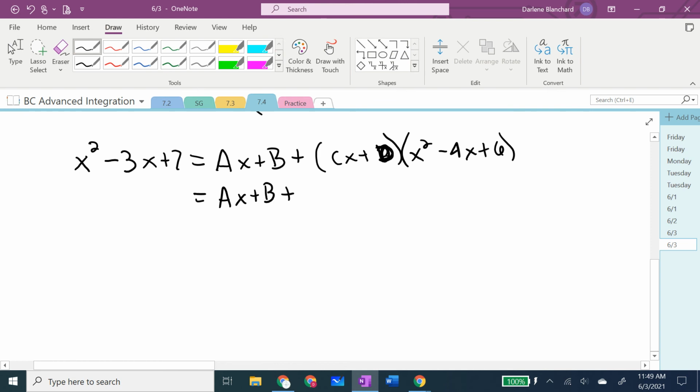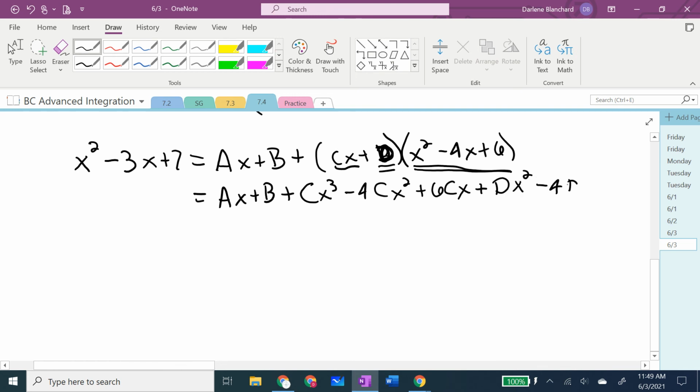And I want to expand, so I'm going to distribute cx over the second parentheses, cx cubed minus 4cx squared plus 6cx. Then I will distribute the d over the second factor, plus dx squared minus 4dx plus 6d.